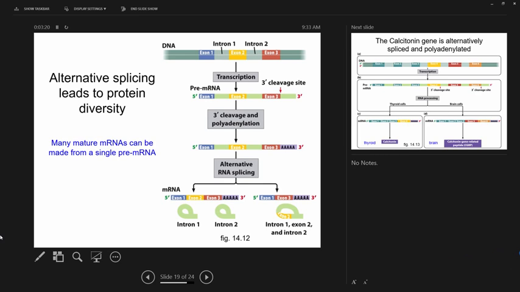And I can't remember if I talked about it in class last time or to somebody afterwards, but the way that this works, and we don't go into it in this class, is that there are factors, proteins that bind to the introns and exons that help guide the spliceosome machinery to choose which ones are used in different tissues or different developmental time points, things like that.